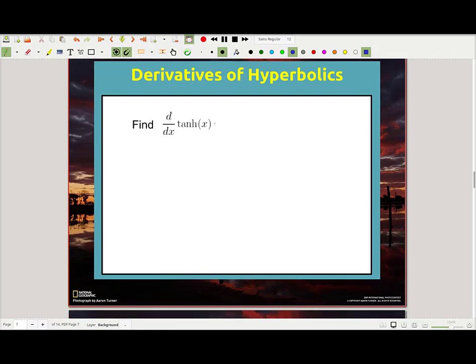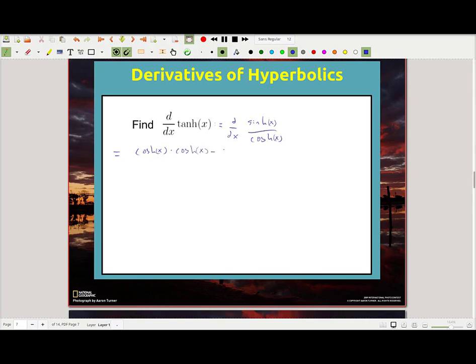Alright, what if we took a derivative of tanh? Well, instead of the full definition with e to the x and e to the negative x, I'm going to think of this as sinh of x over cosh of x. But we're going to have to use the quotient rule here. So that is low, cosh of x, d high, but the derivative of sinh we just figured out was cosh of x.